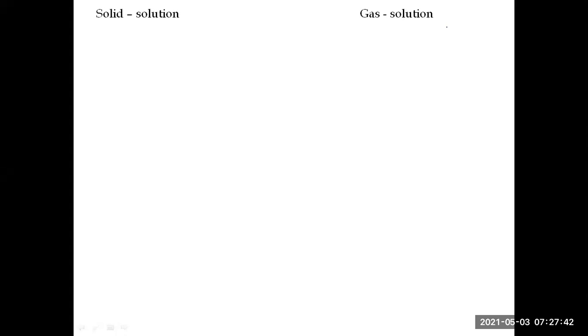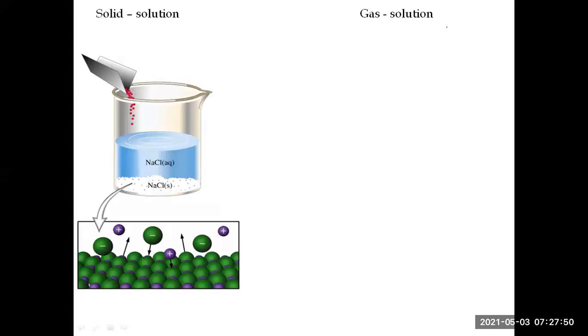When you add a solid into some solvent, it forms a solution. Similarly, you can pass some gas into a solvent, and then also it forms a solution. So when you add sodium chloride into water, slowly the sodium chloride solid dissolves into water.